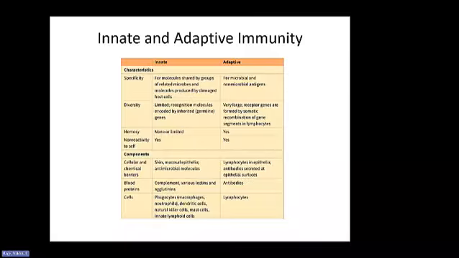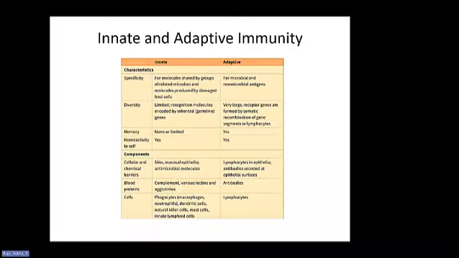Let's look at the characteristics before that. The specificity for each of these immune systems is a little different. For innate immunity, as I mentioned, the specificity is for shared patterns noted in various microbes, or molecules produced by damaged host cells.